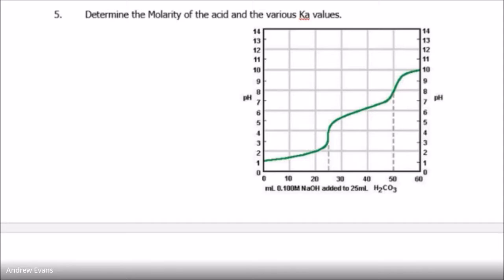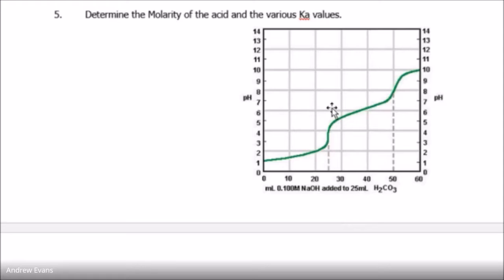Now at the second half equivalence point, which would be halfway between 25 and 50, it would be 37.5. We'll say that's close to this line here, which is between 6 and 7.